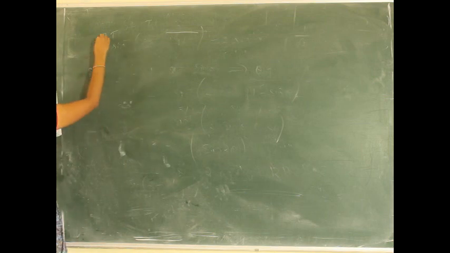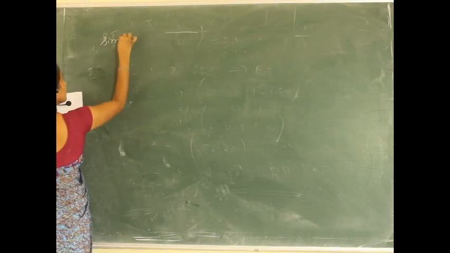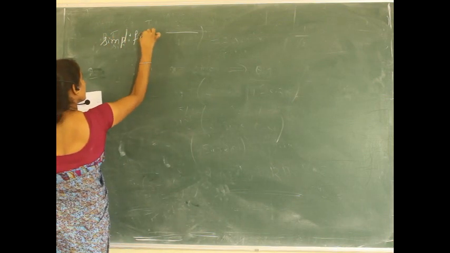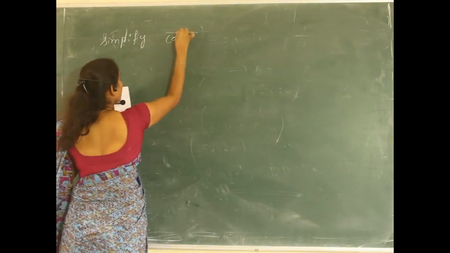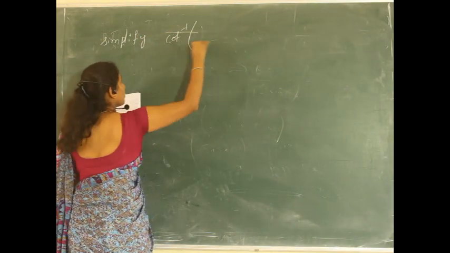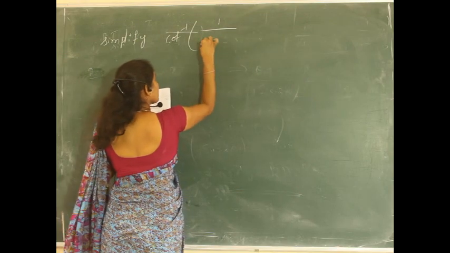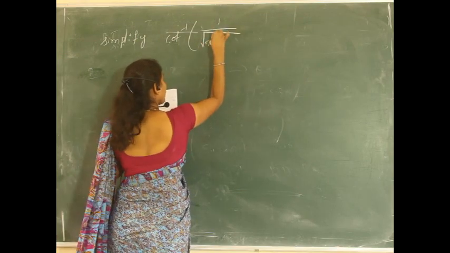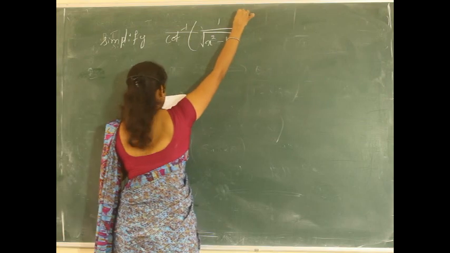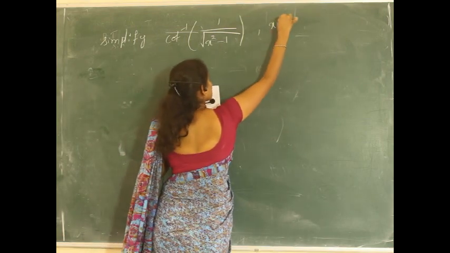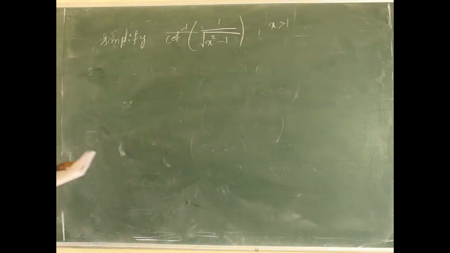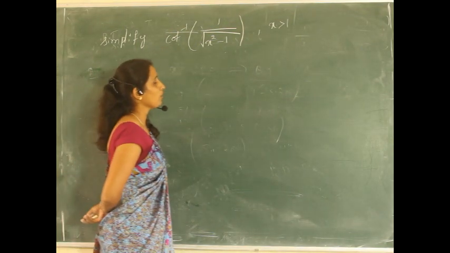The next problem is: simplify cot inverse of 1 by square root of x square minus 1, where x is greater than 1. We have to write the simplest form of cot inverse of 1 by root of x square minus 1.